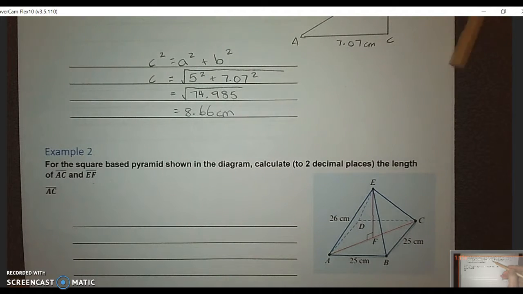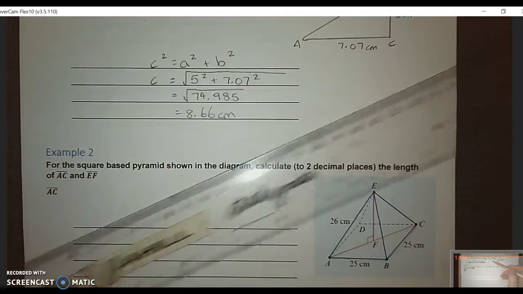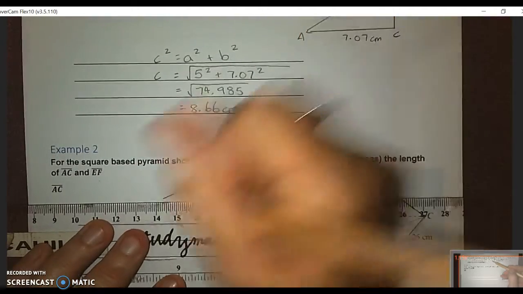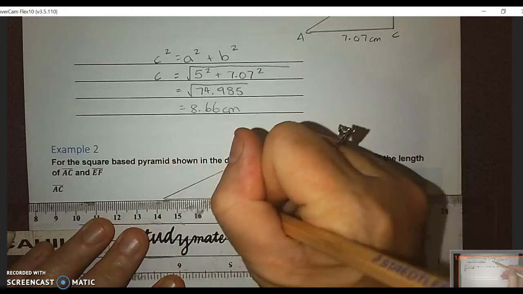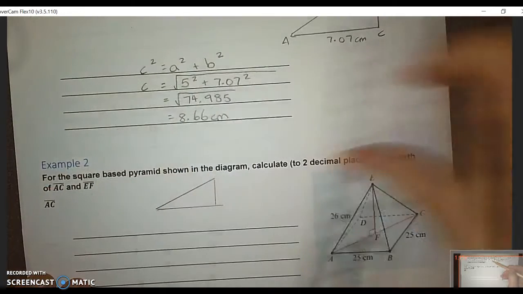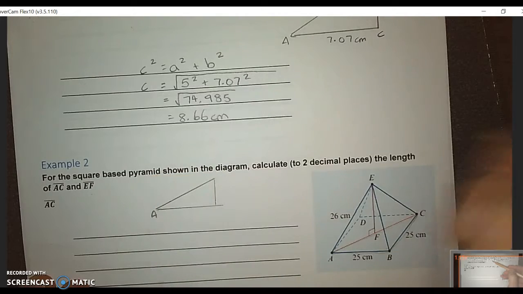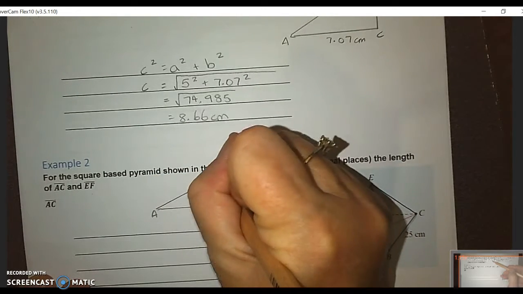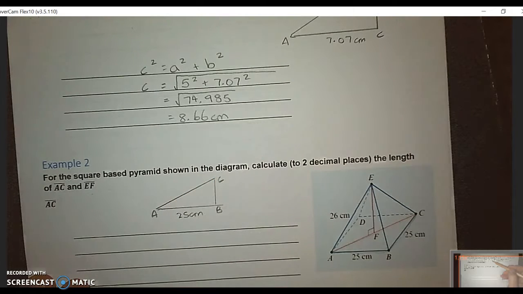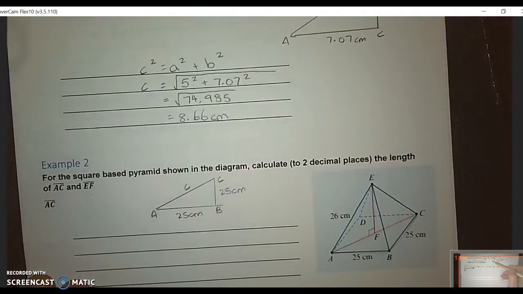So just like before, we draw a triangle. There's point A, point B, point C. 25 centimeters, 25 centimeters, and we're trying to find the hypotenuse.